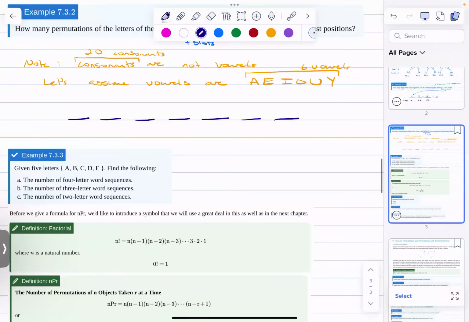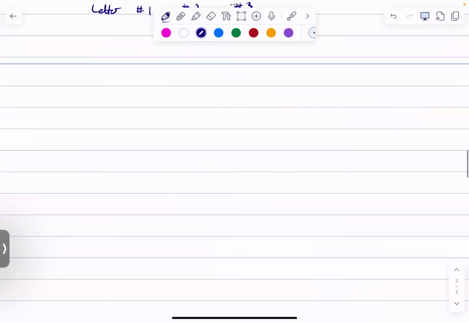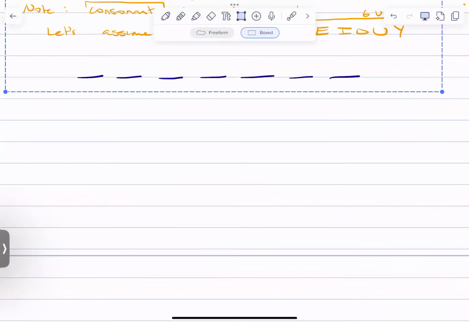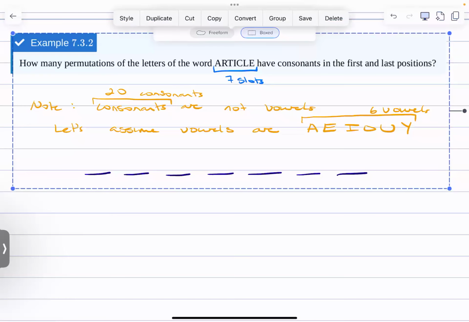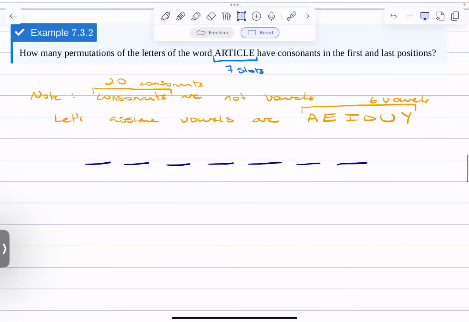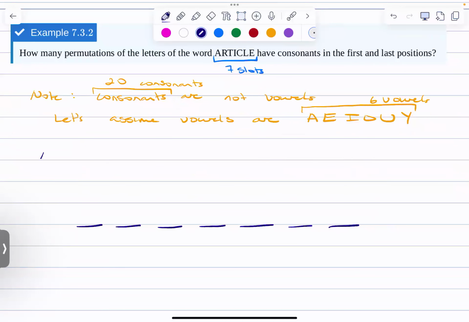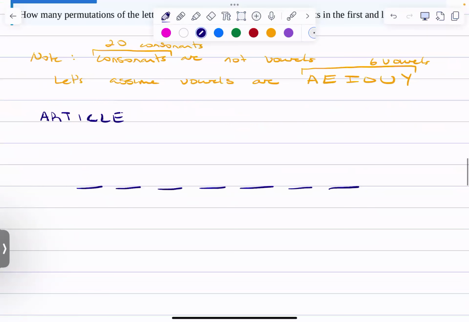Let me add a page this way, and maybe I'll move these slots down a little bit. Article has 1, 2, 3 vowels and 4 consonants.